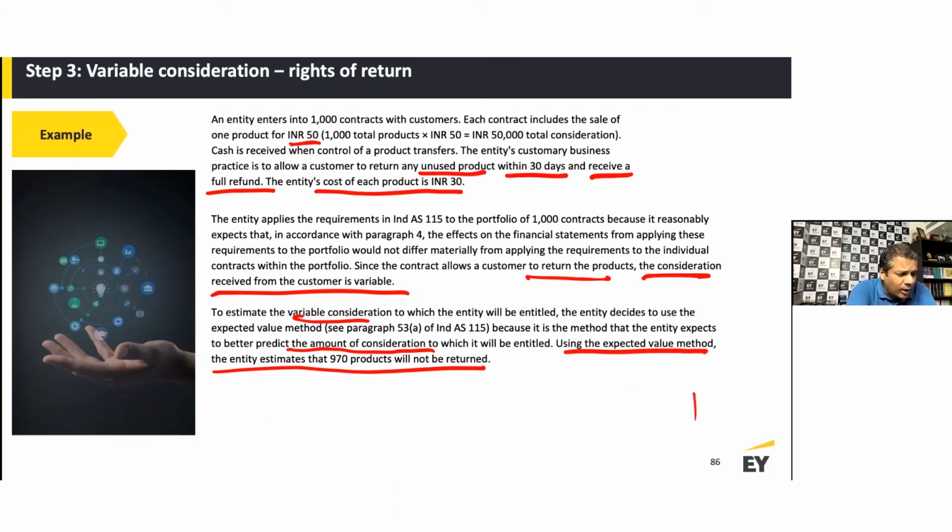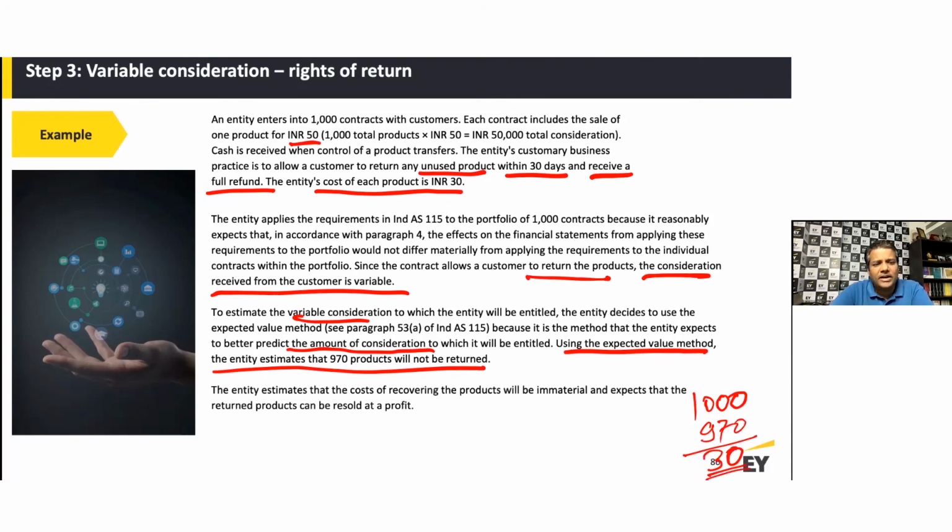I've sold 1,000. How many are not going to be returned? 970. So how many are going to be returned is 30, right? The entity estimates the cost of recovering the product will be immaterial. Determine the amount of revenue, refund liability, and the asset to be recognized by the entity for the said contracts. We need to do all three, right?